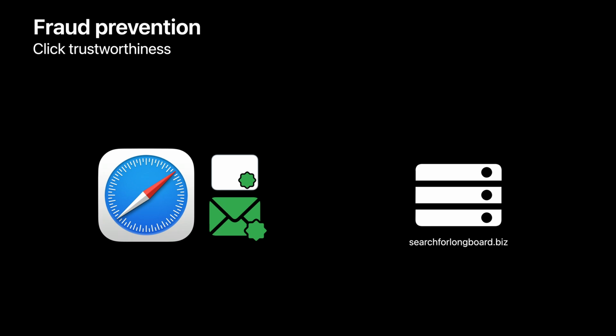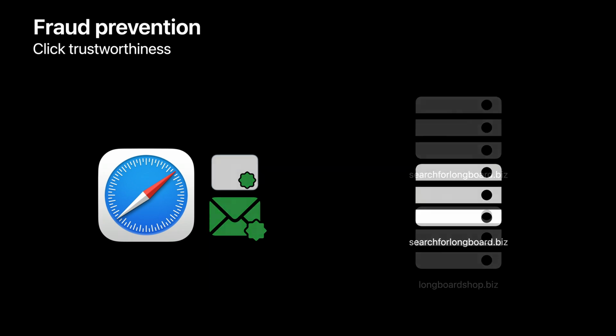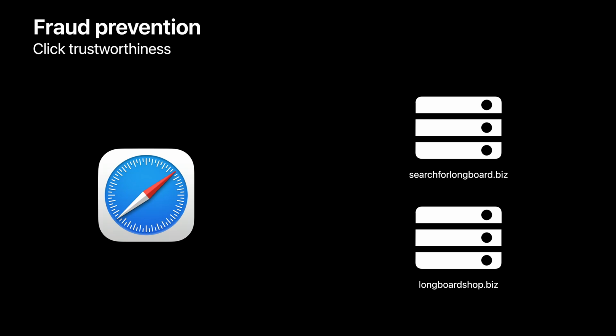So when the browser removes the message from the envelope, it will have search-for-longboard's signature on it. When the attribution occurs, the browser sends the attribution report with search-for-longboard's signature. Now, the source and destination site can validate that the click was deemed trustworthy when it happened, using search-for-longboard's public key. Since search-for-longboard.biz never saw the original message, it can't link it with the ad click.